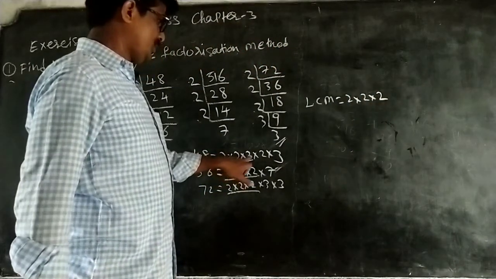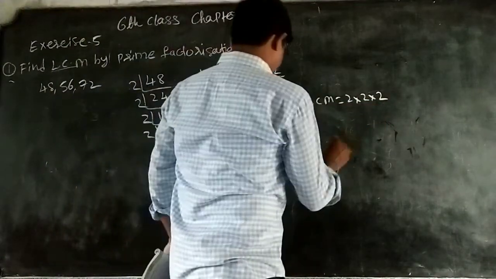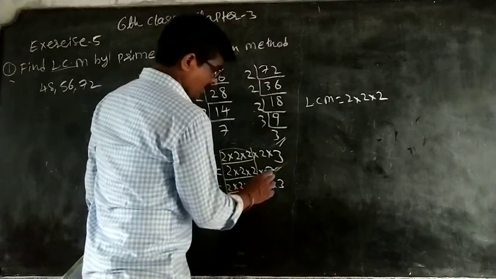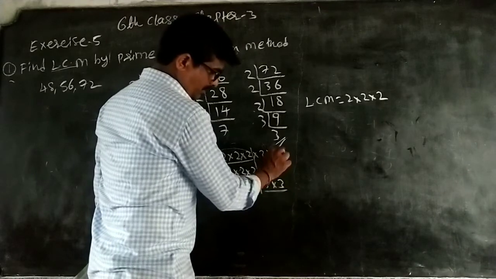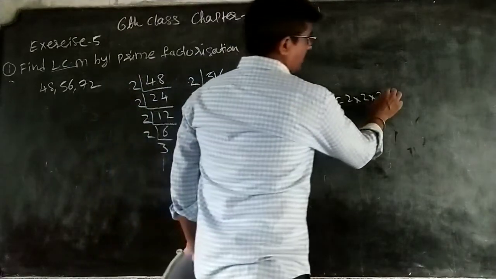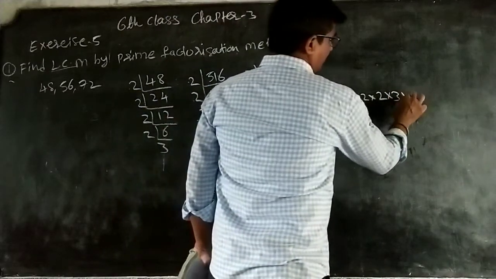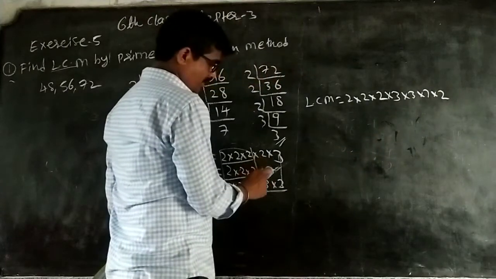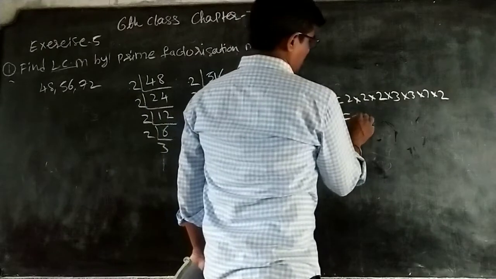Next, take what is left over from the others: from 72 you select only 3 into 3; from 56 the 7; and from 48 one 2 is extra, so take the extra 2. Here the 3 is left over. Now you have to select.